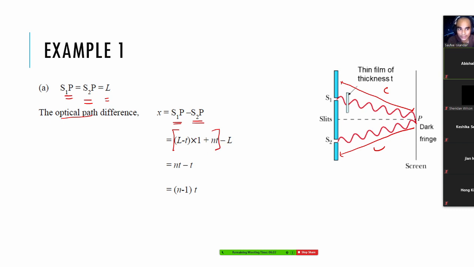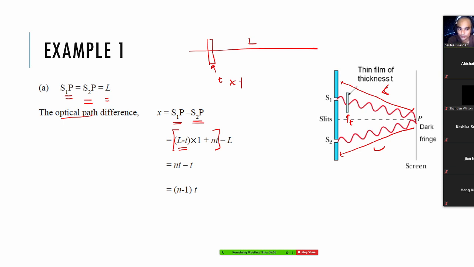This whole thing is S1P. Why? Because you see L minus T, the big L minus this very small T, times 1.